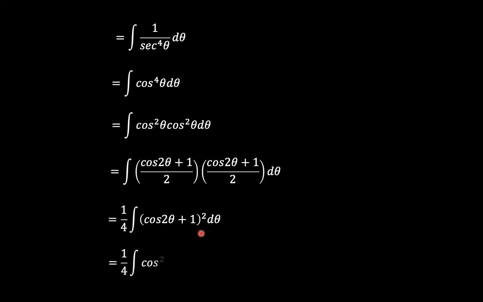And so we now have the integral of cosine squared 2 theta plus 2 cosine 2 theta plus 1. As we continue, we have a quarter, the integral of cosine squared 2 theta plus 2 cosine 2 theta plus 1. We would like to reduce this square into a non-squared trigonometric function.